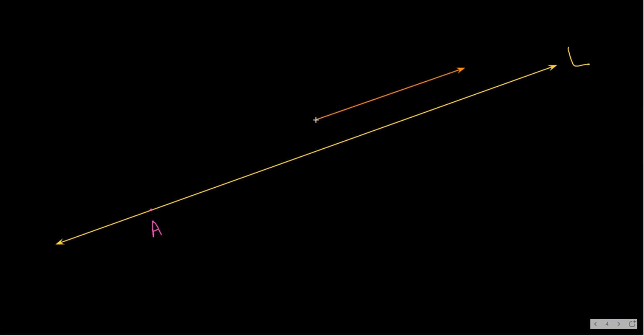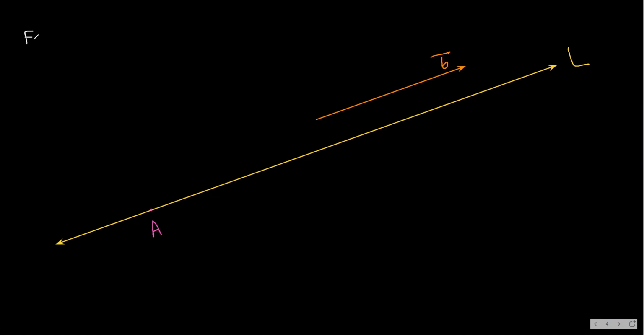Okay, so let's have a revision of this. For determining a unique line, say this is vector b bar.